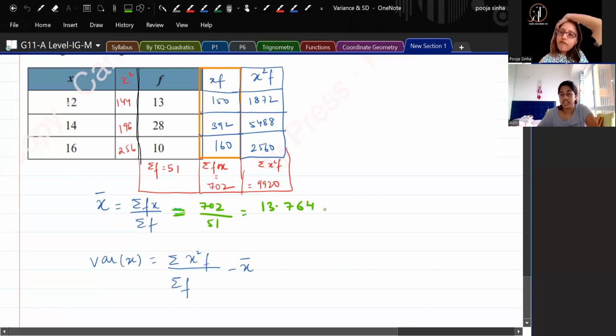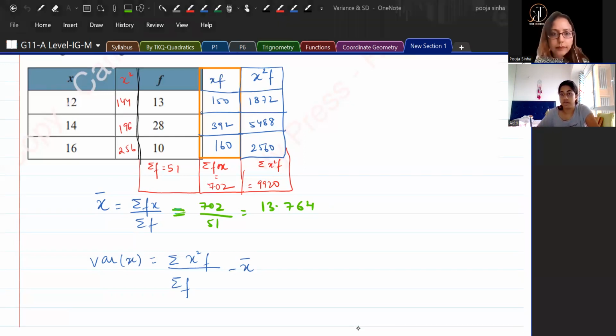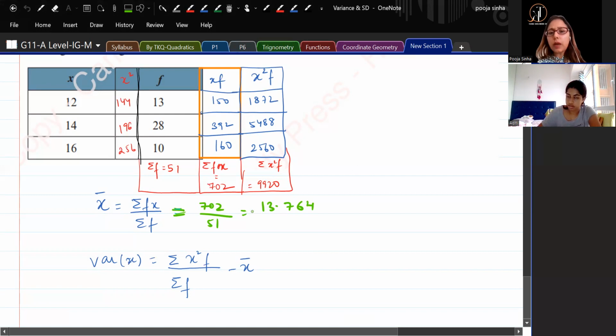Ma'am, I would suggest keep the values in fractions because anything in rounding off can. Correct. That is acceptable. So you can leave it like this. This is just for your own knowledge. Because see, it's coming between 12 and 16.